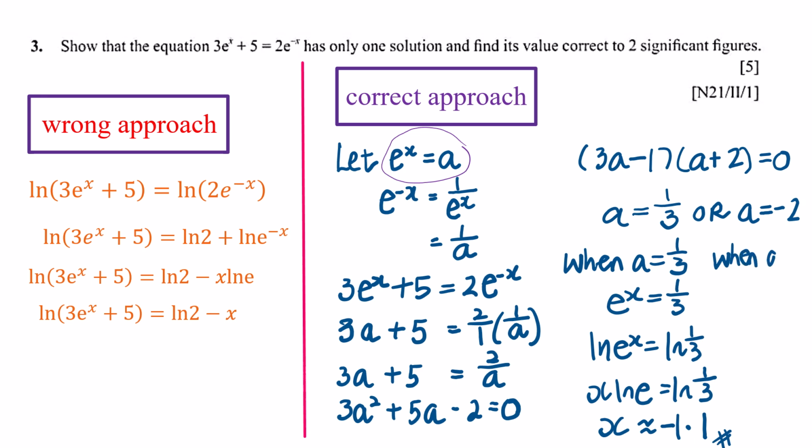How about the other value? When a is negative 2, e to the power of x equals negative 2, which is rejected because e to the power of x is an exponential function. Basically, e to the power of x is always more than 0. So therefore, e to the power of x equals negative 2 will not exist. So it has to be rejected.